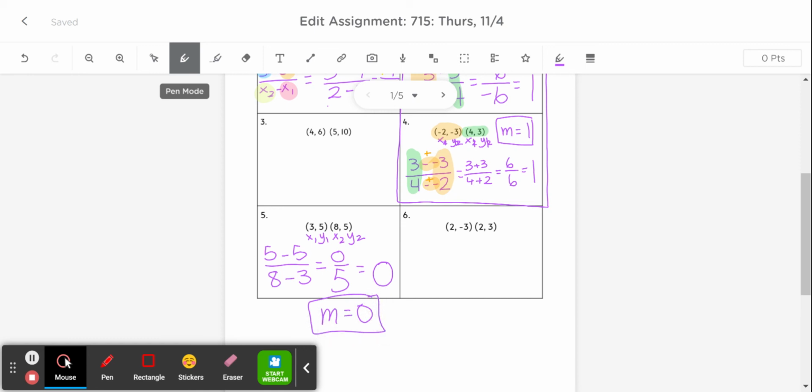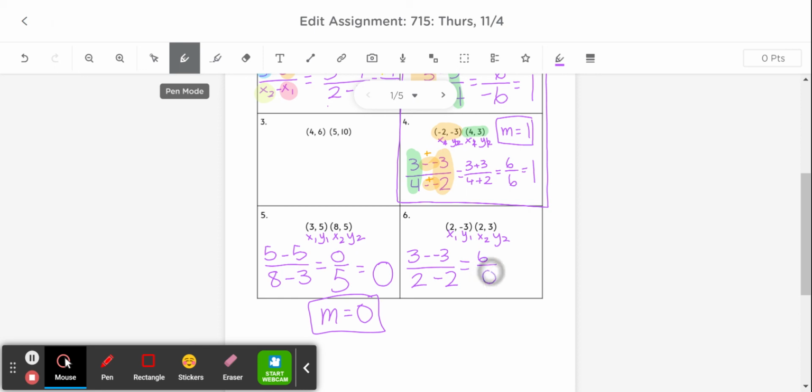In number 6, let me label them really quick, we have 3 minus negative 3 over 2 minus 2. So we have 6 on top. Remember, the double negative means plus, so we actually had 3 plus 3 to make 6.